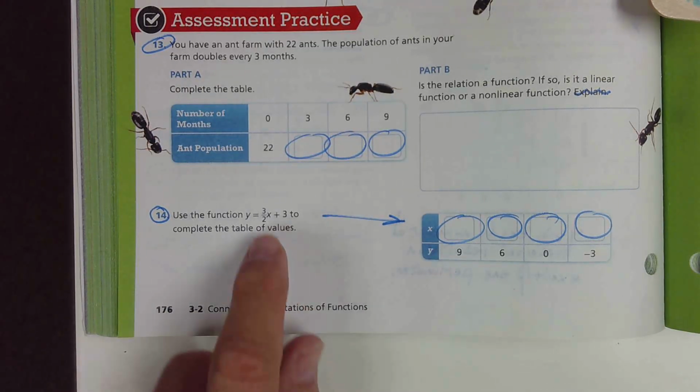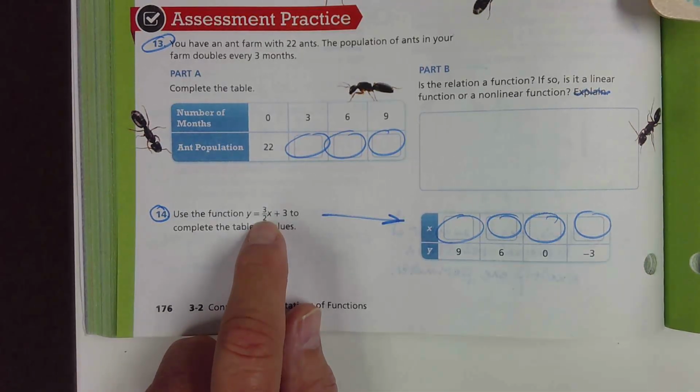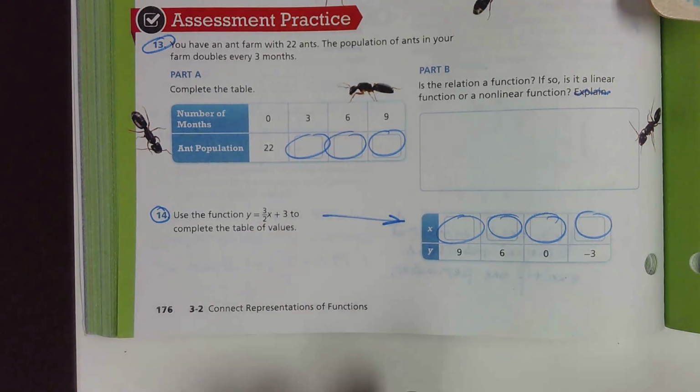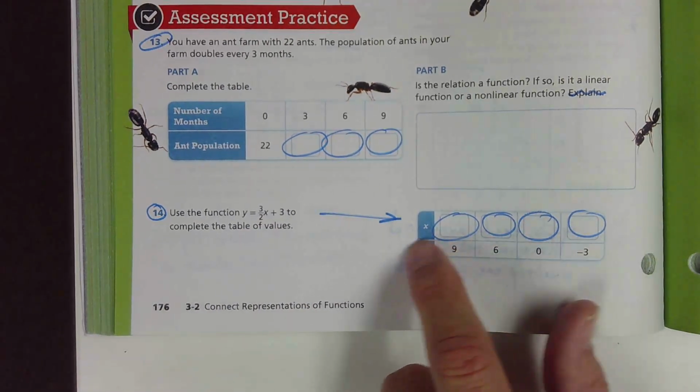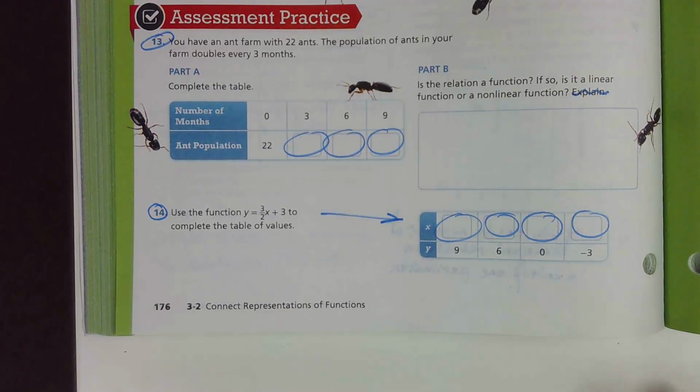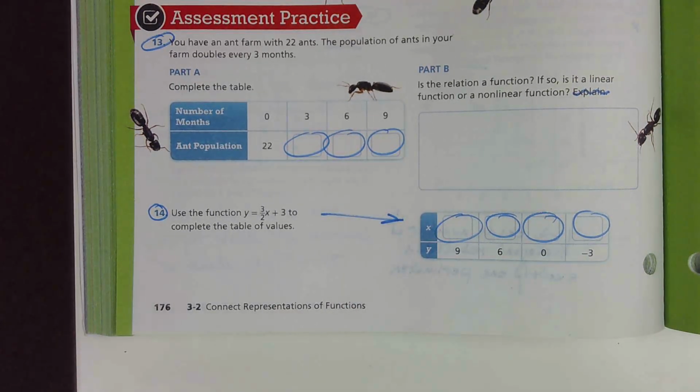Mr. Scroggins, the 3 over 2, what does that represent? The rate of change. Rate of change or slope. Okay, good. 100 points. All right, and then fill out those 4 values for number 14. And that's it. You guys are out of here in about 10 minutes, so you've got plenty of time to work on this.